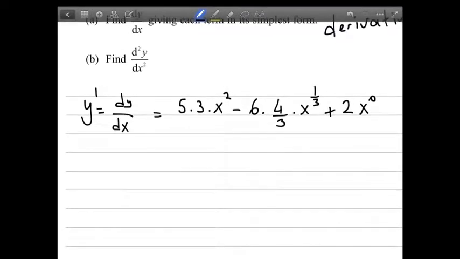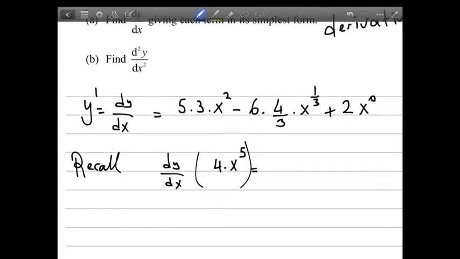What did we do? We have a recall here. The derivative of any polynomial like this or this: the constant stays here, and the power should be multiplied by the constant, and the power reduces by 1.